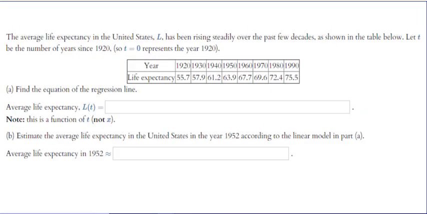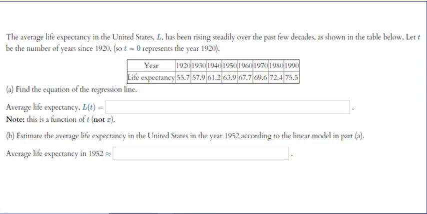Okay, very last one, 1.6. So let's look at it. It says the average life expectancy in the U.S. has been rising steadily over the past few decades. Yay, thanks to modern medicine and the good Lord. But as shown in the table below, let T be the number of years since 1920.